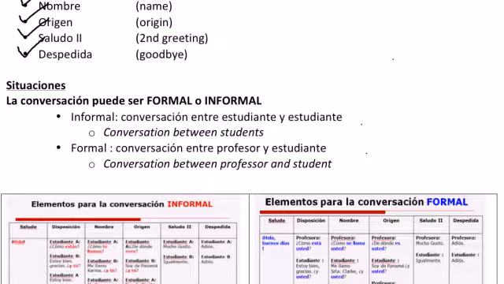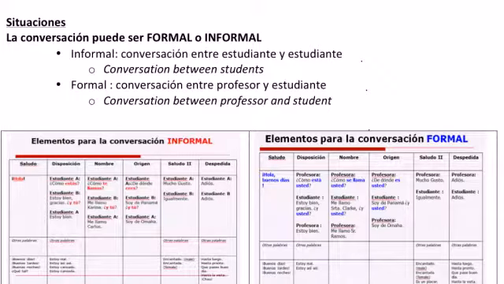So if a Spanish speaker uses tú with you, that means that the situation for them, in their perception, is very informal. But if a Spanish speaker uses usted with you, they are seeing the information or the environment and the situation as formal. You should keep in mind that if someone uses usted with you, you should use usted with them unless they give you permission to use tú.